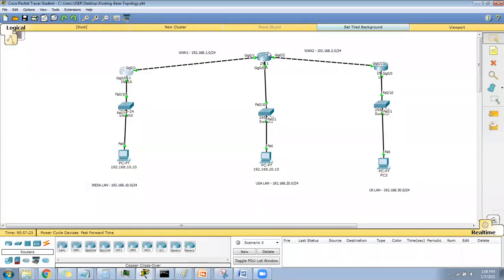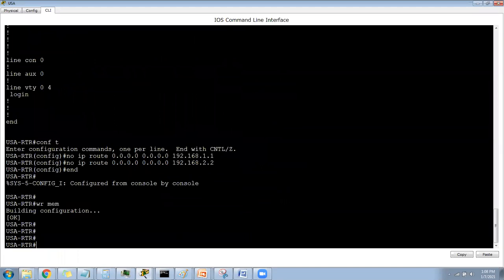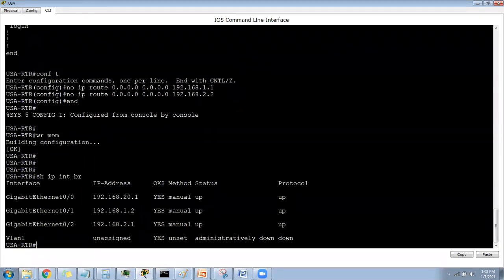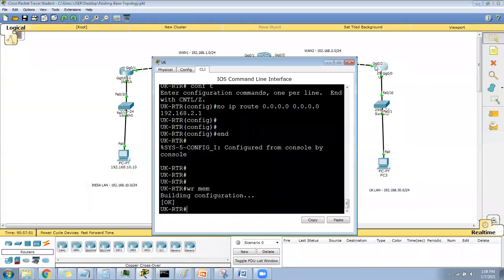Similarly, go and check the USA router. Show ip interface brief. Don't be surprised why three interfaces, because three interfaces are used there: one is 20 dot, one is 1 dot, one is 2 dot. We should have the same routes in the ip route. C, C and C, three Cs you can see, 20, 2 and 1. This is clear. The third one is the UK router, just verify there.